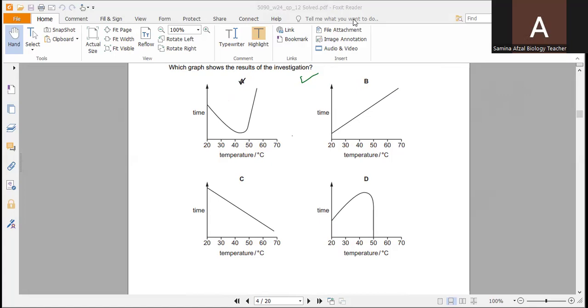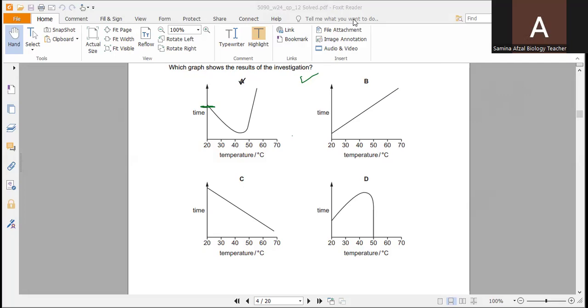Enzymes have an optimal temperature at which they function best, that is 35 to 40 degrees centigrade. Below this temperature, their activity will be slow, and above the optimal temperature, they denature. So 20 degrees C is a low temperature.